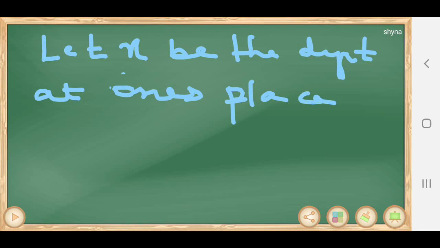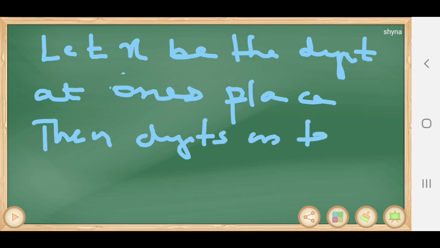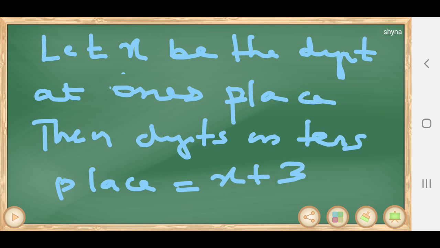If x is in ones place, then what is the digit on tens place? Its difference should be 3. So we can consider the digit on tens place is 3 more than x. So x plus 3. Now x plus 3 and x are the two digits. x plus 3 is 3 more than x.